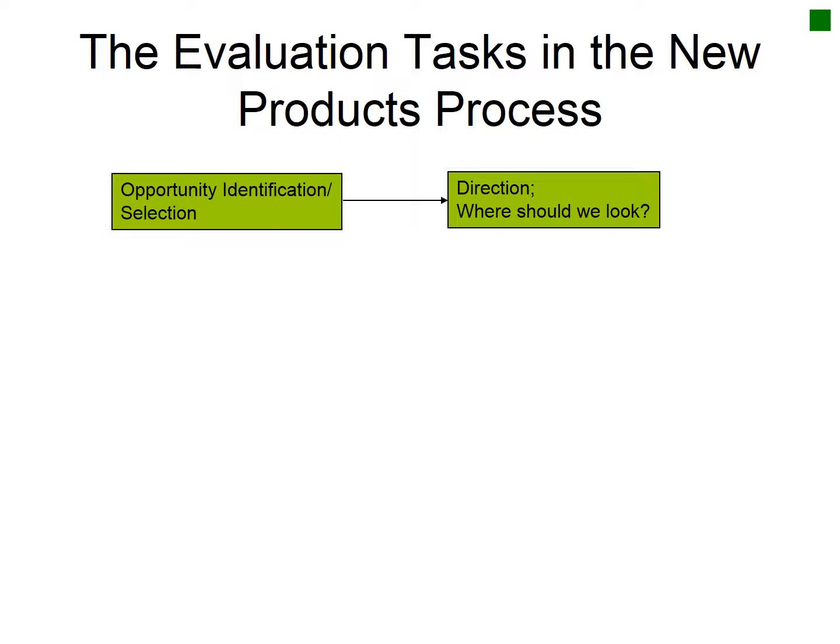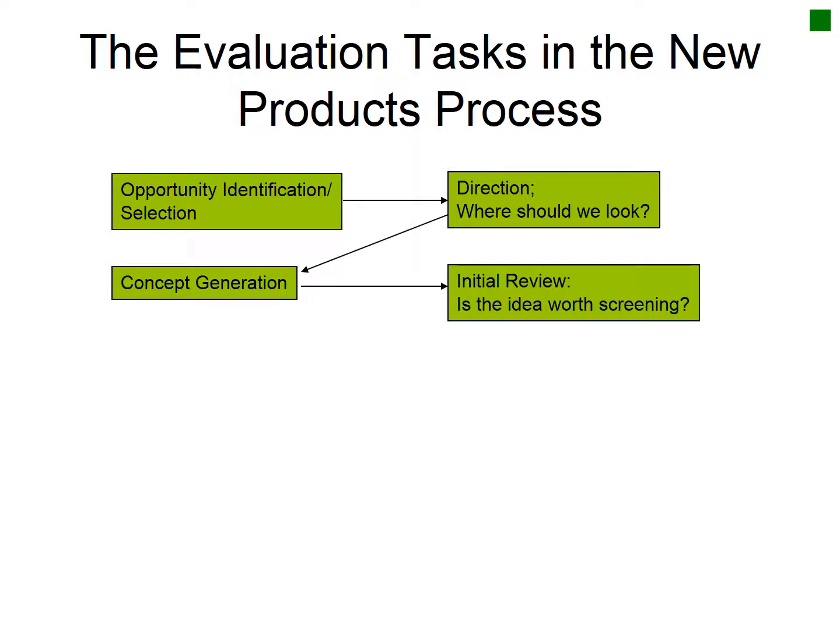Assuming we find opportunities in the marketplace or ones that we think we can take advantage of, then we go on to the next stage, which would be concept generation. Upon concept generation, we want to start asking ourselves, is the idea that we just had a good one? So during concept generation, within this period of time, we typically create the PIC, the Product Innovation Charter, and then we begin to evaluate the PIC and we ask ourselves, is this worth moving forward to do some more formal screenings on?